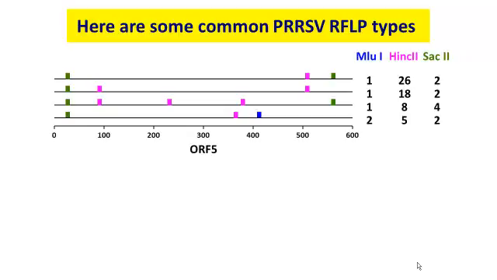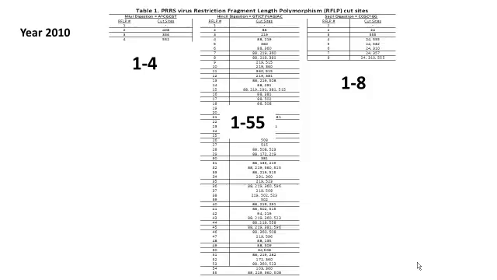And when there were only 20 sequences known, this worked great. By 2010, it was getting awkward because there were 4 different MLU1 forms, 5 HINK2, and 8 different SAC1s.